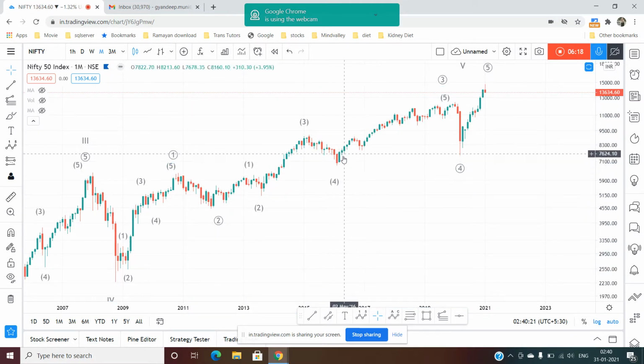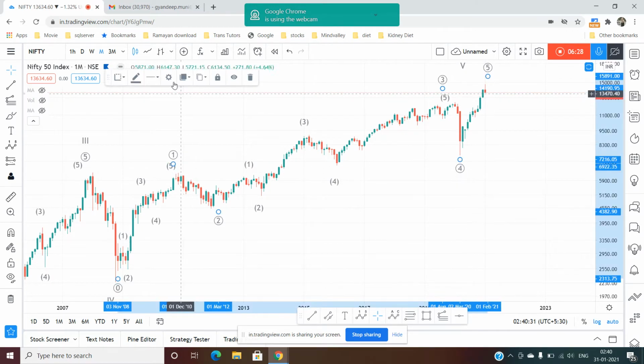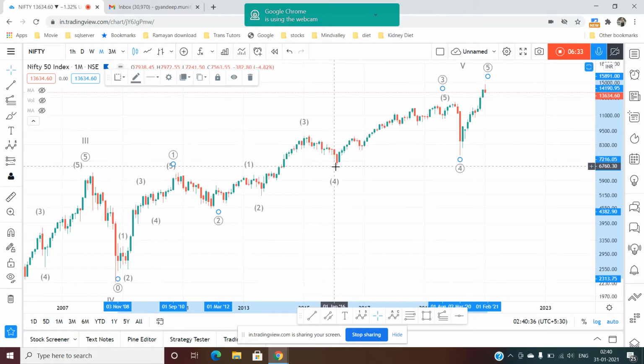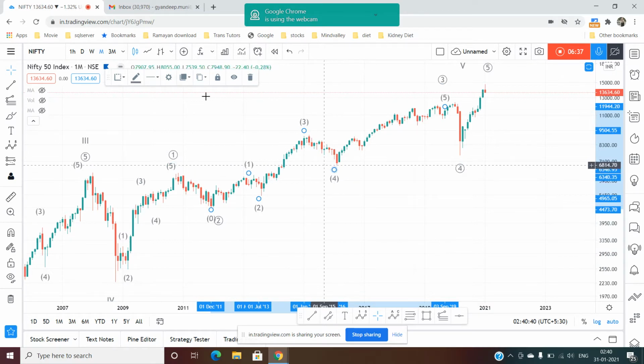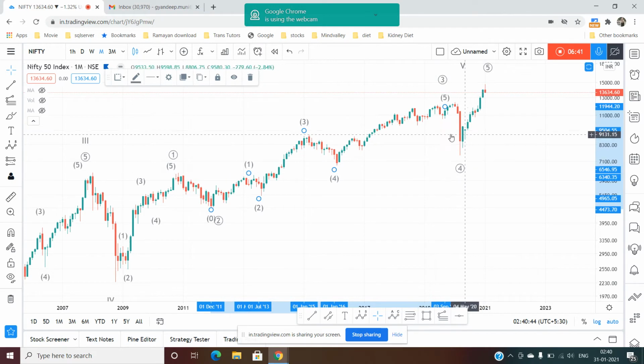Now you can see here also the fifth wave is almost extended, and when it falls, the fourth wave falls here. So you remember, this is a primary wave. The primary wave falls towards the fourth wave of intermediate, so this is a higher degree.